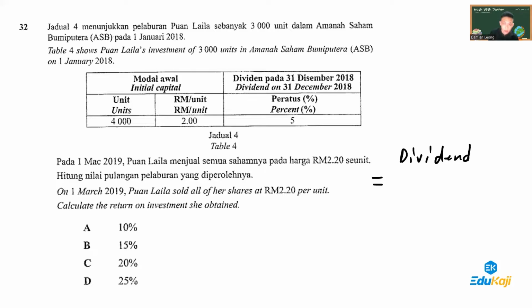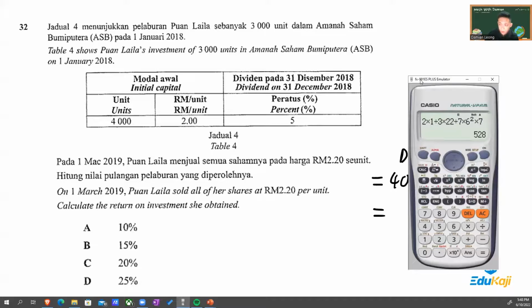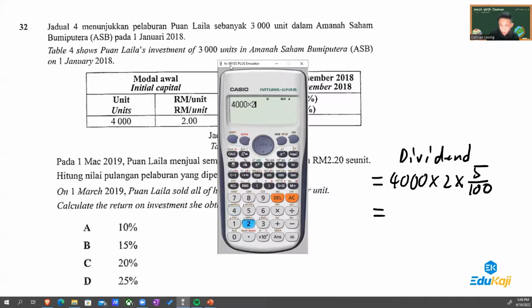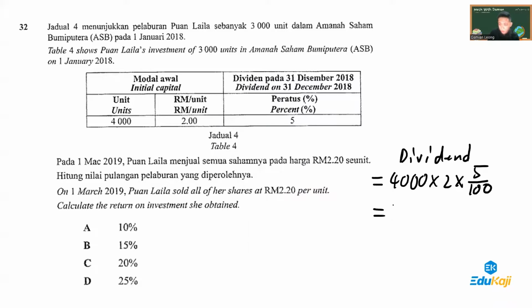Yeah, the question here has an error. So if I follow the 4,000 units times 2 ringgit per unit times 5% of that for the dividend. So 4,000 times 2 times 5%. Get 400 ringgit.